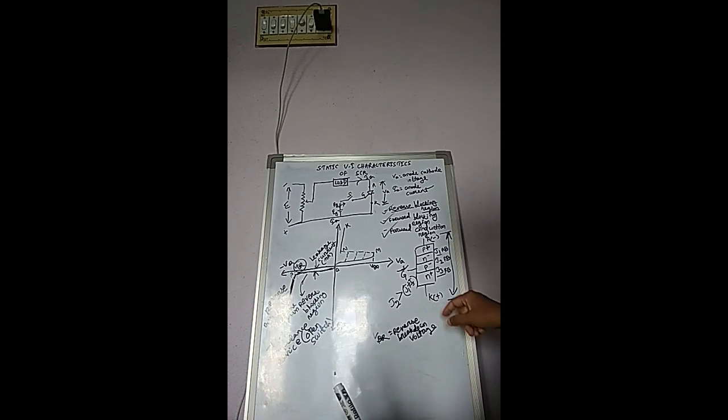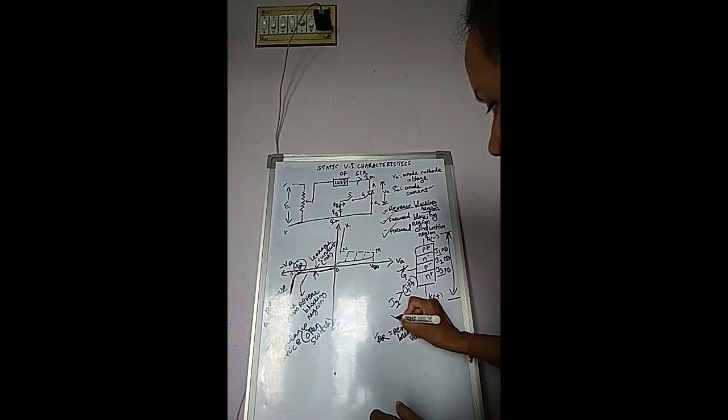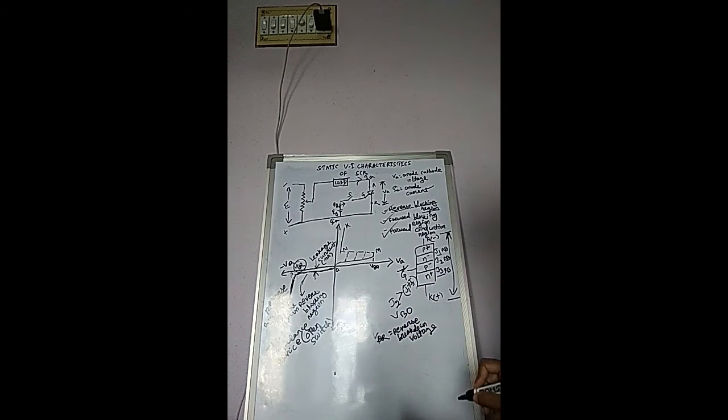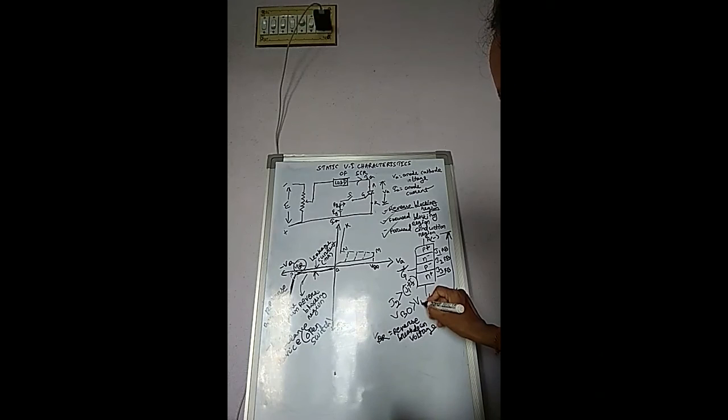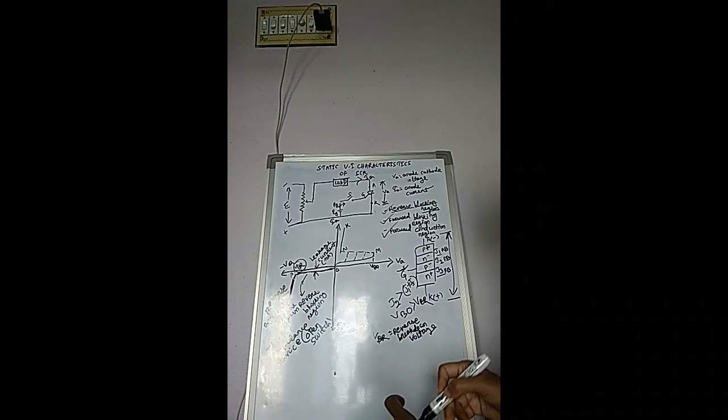Therefore the forward breakover voltage VBO is generally higher than the reverse breakover voltage VBR. I told you the width of the depletion layer is inversely proportional to the voltage across anode and cathode.